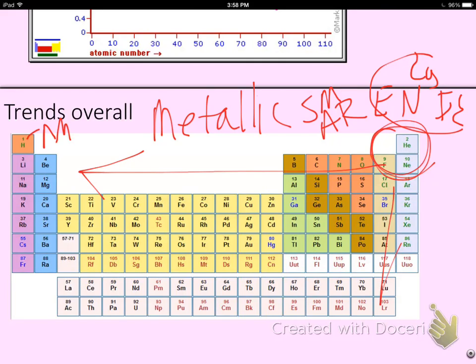Higher metallic on the left side of the periodic table, but it's really a measure very much like ionization energy. Those metals that are most likely to give up electrons are going to be those down here. So again, the high on metallic character is going to be towards the lower left of the periodic table. Okay, so we're going to stop there.